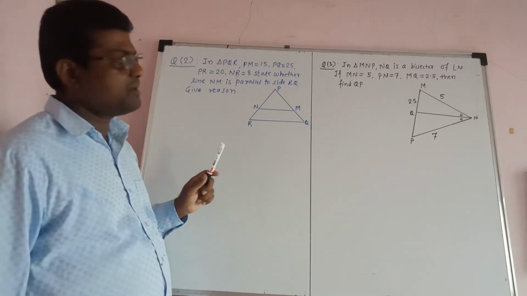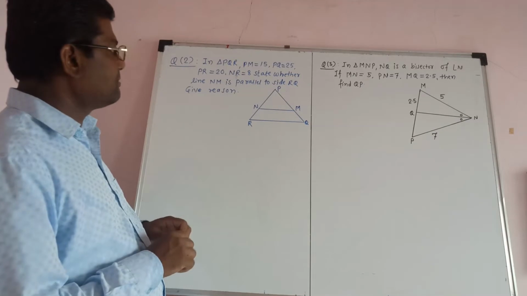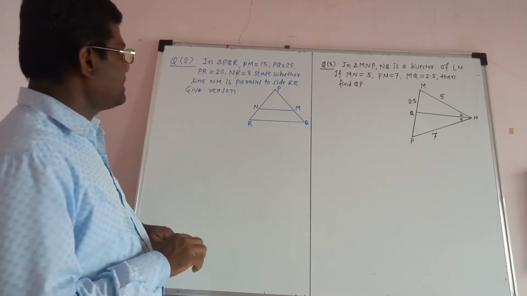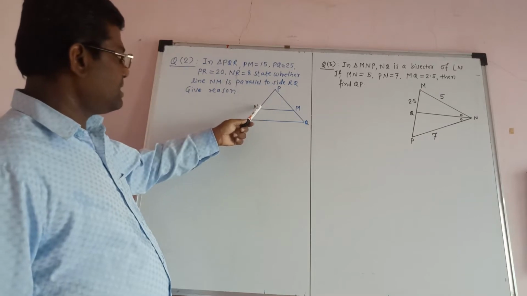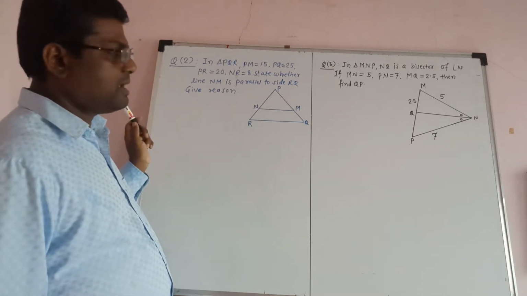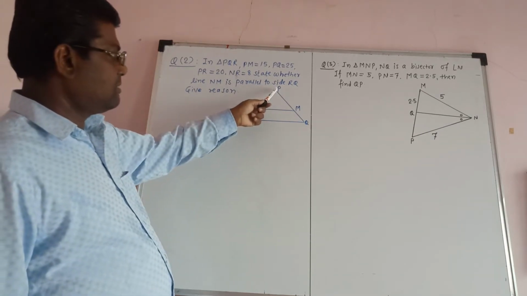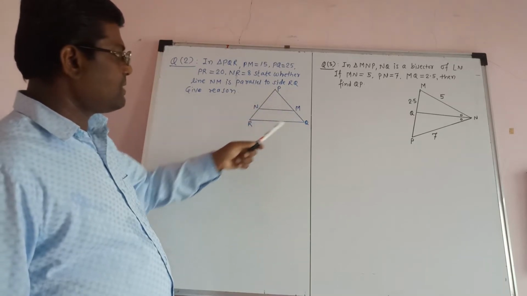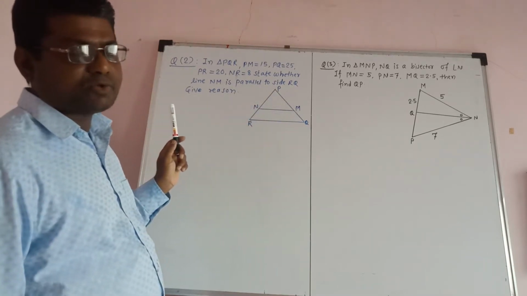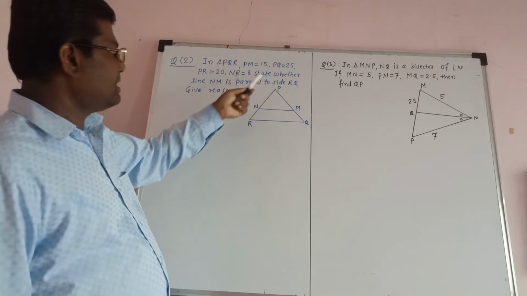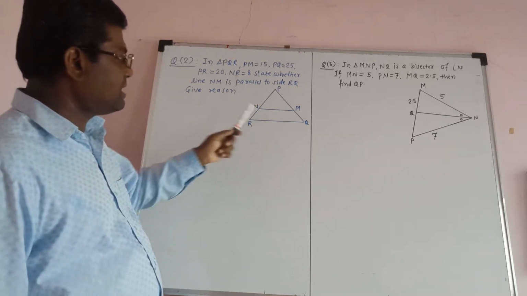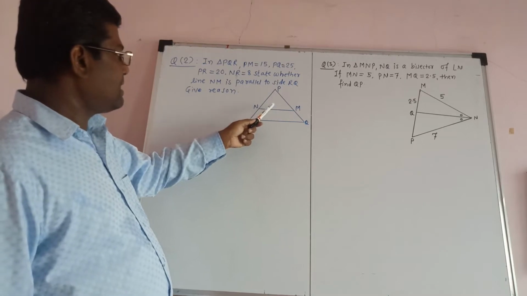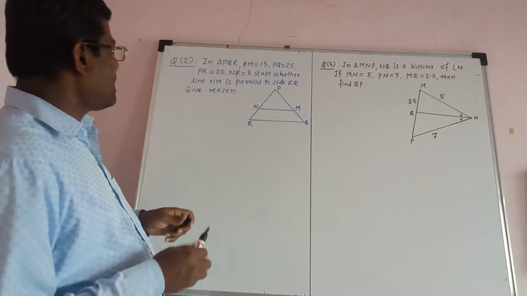This is a problem of BPT, the basic proportionality theorem. We have to check the ratio PN upon NR and PM upon MQ. If these two ratios are equal, then according to the converse of the basic proportionality theorem, NM is parallel to RQ.